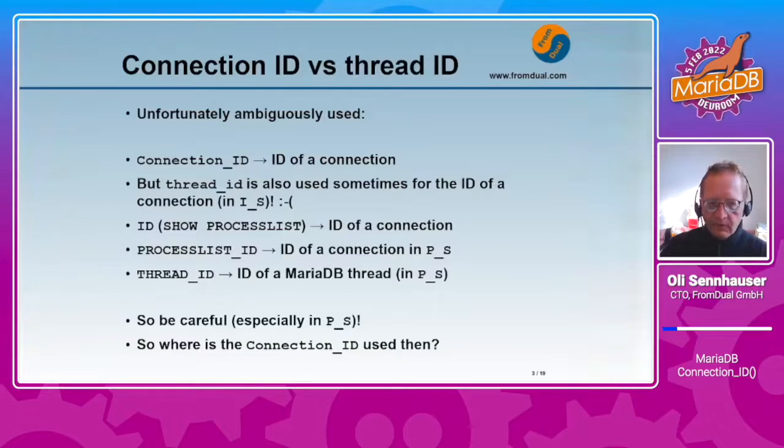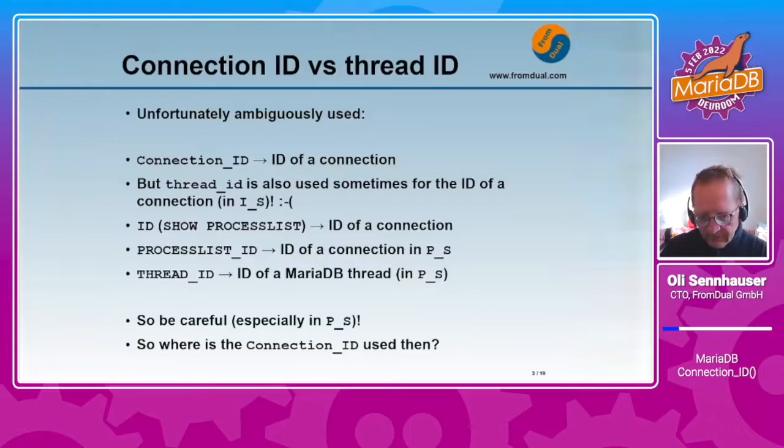Then in show processlist, there is a column called ID. This is the Connection ID as well. And then in the performance schema, we have the Connection Id again, but there it's called process list ID, but it's still the same Connection Id in MariaDB.